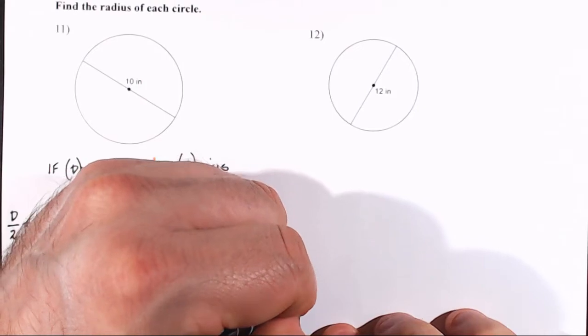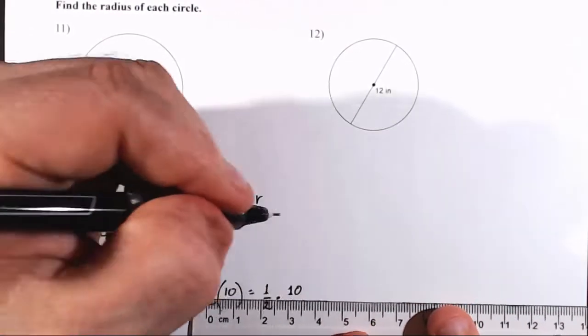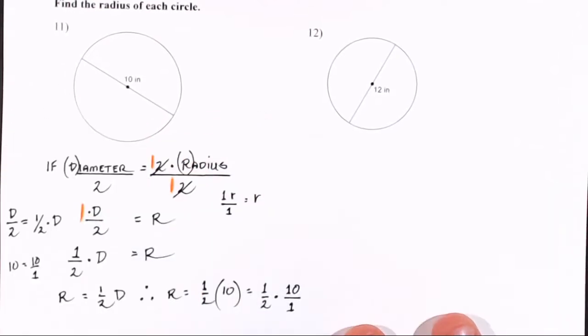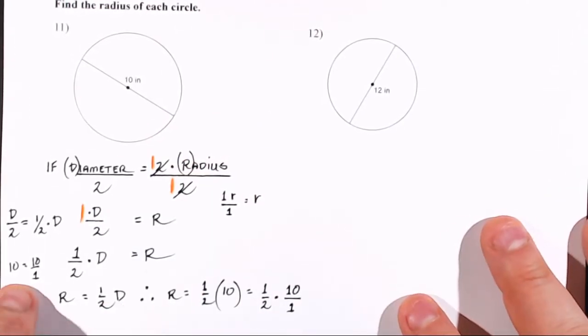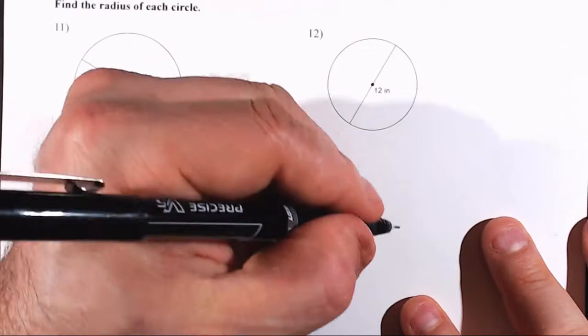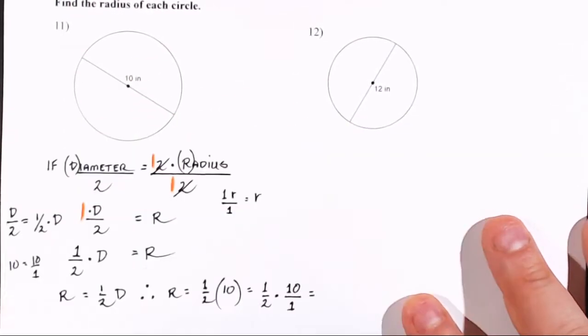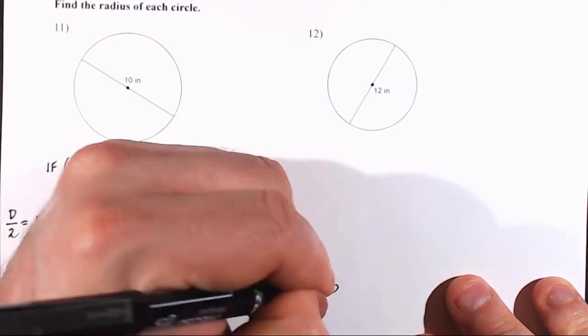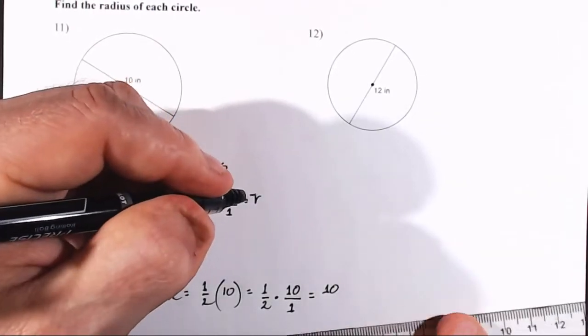So 1/2 times 10 over 1, right? That way we never forget that 10 can be written as a fraction with 1 in the denominator. Okay, so multiply across. 1 times 10 is 10. 2 times 1 is 2.